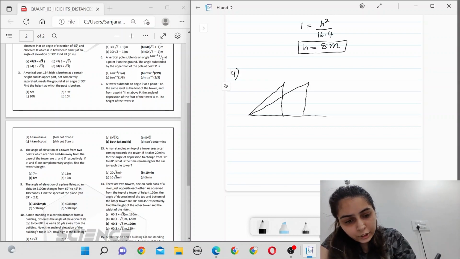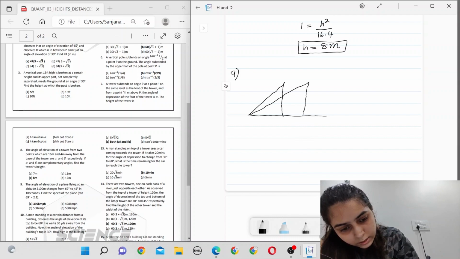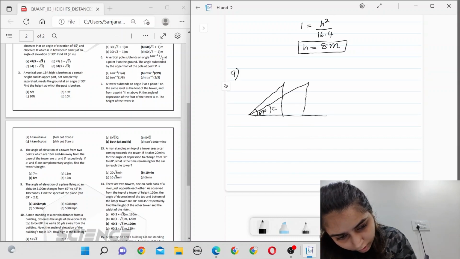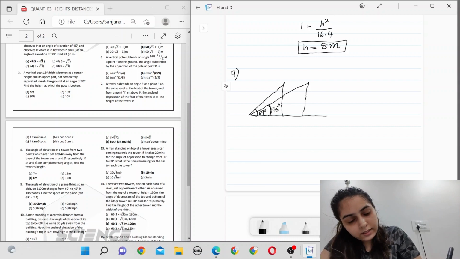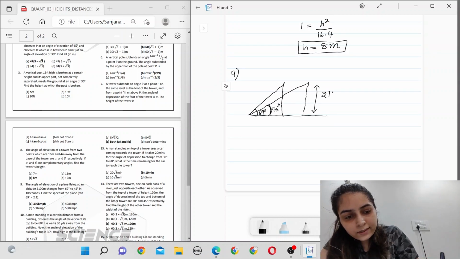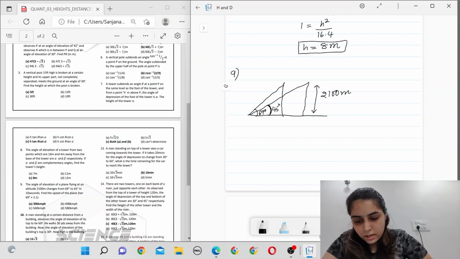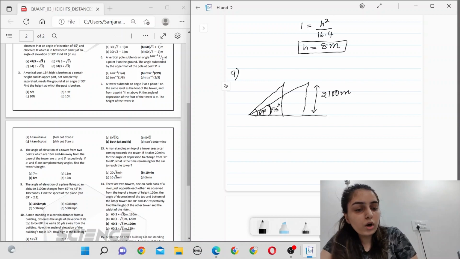And they have given us that it is flying at a height of 2100 meters. They have told us that it changes in 10 seconds. So time is equal to 10 seconds.